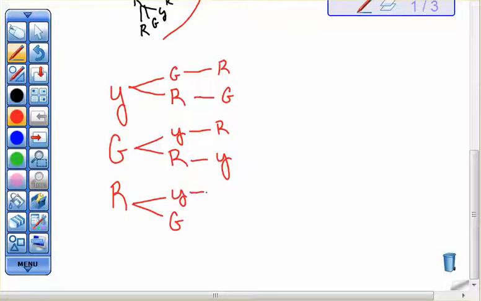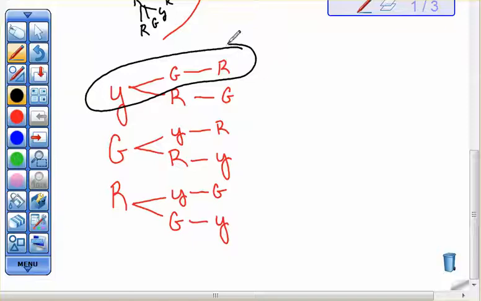If I pull out a yellow one, I'm left with green. And if I pull out a green one, I'm left with yellow. So here, my sample space is now down to 6 possibilities. The yellow, the green, and the red in that order would be this possibility. So I would have 1 success out of 6 possibilities.